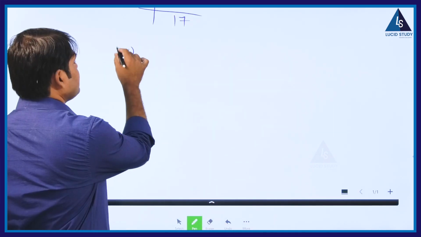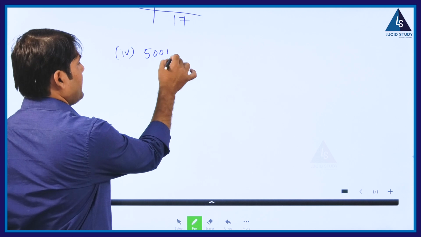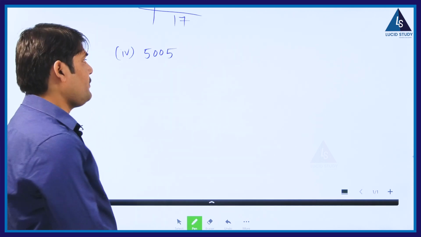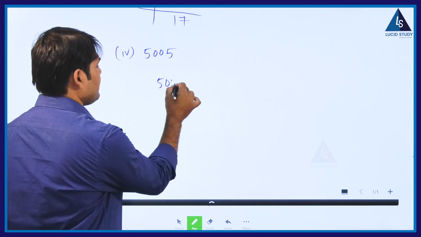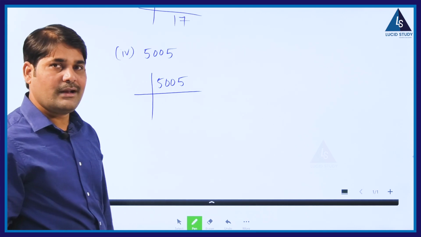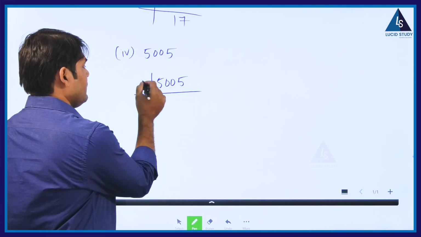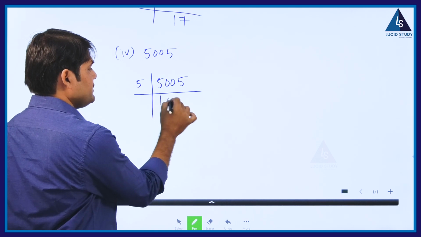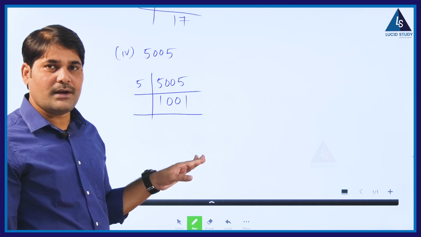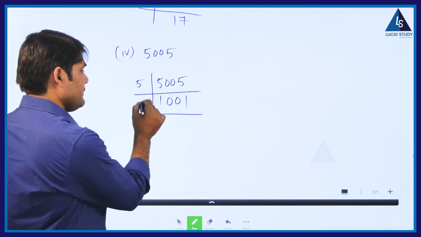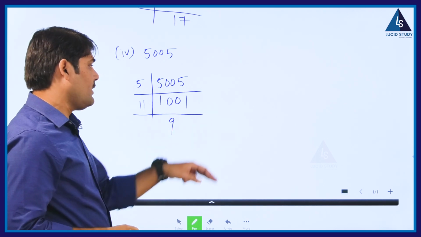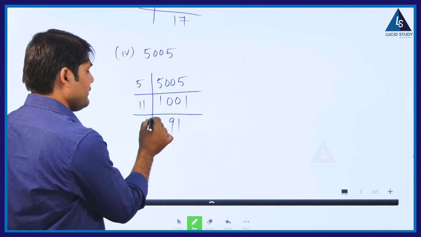So like this I can represent 156 in terms of prime factors. The next question is 5005. 5005 is also in the 5 table because it is ending with 5. Divide now: 5 ones are 5, and 5 0 0 1 remains. Now 1001 will be divisible by 11: 11 nines are 99, and 1 will be the remainder. Again 1 is there, so 11 ones are 11.